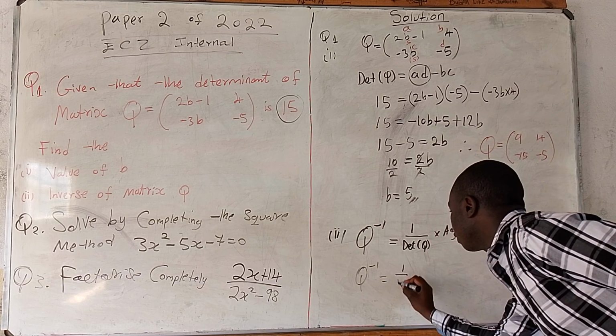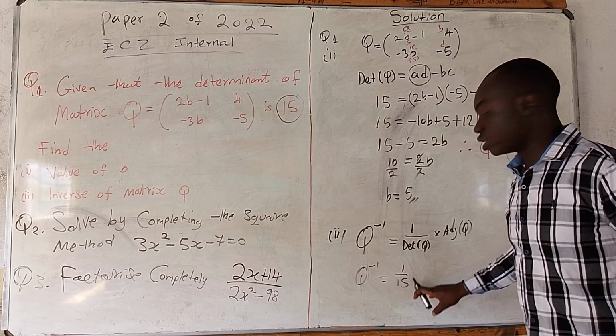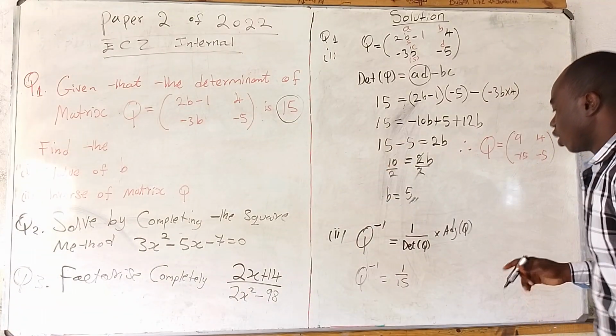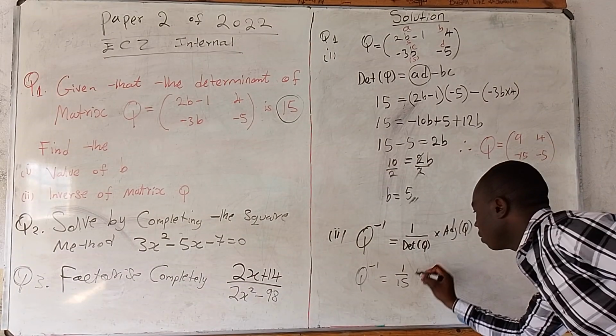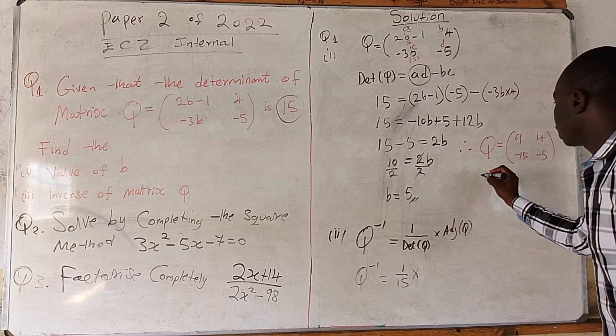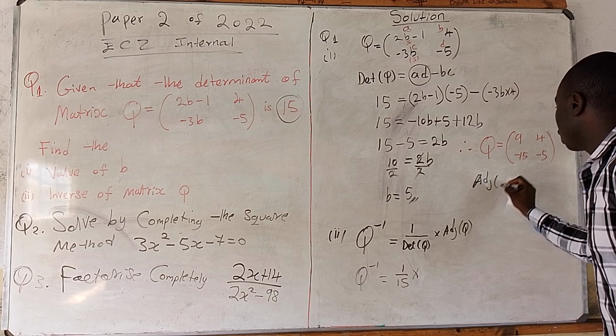So we have 1 over 15. Maybe you're asking, where have we gotten 15 as our determinant? We've been given. Alright, we multiply by the adjoint matrix of Q. So we can make the adjoint matrix of Q from our matrix Q.